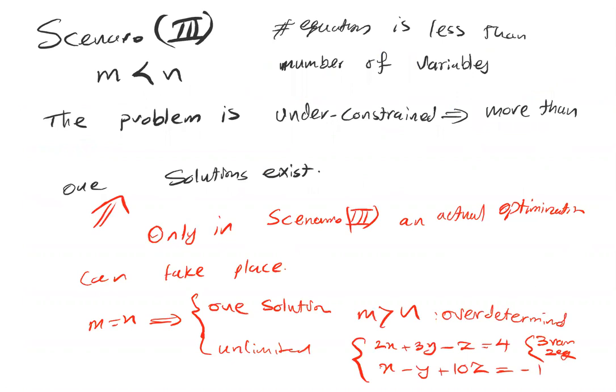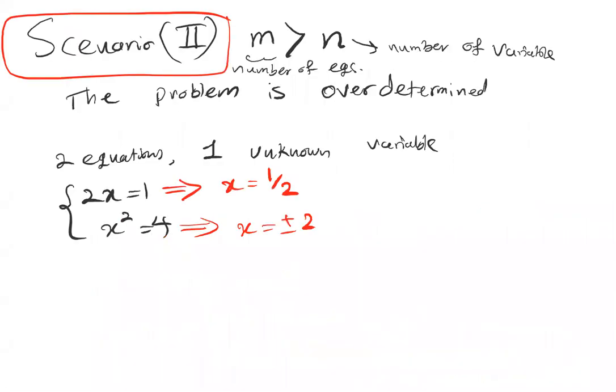So only in scenario number 3, you can say that there is a feasible solution for your problem, because you need to have more variables than the number of equality constraints. If for any reason the number of equality constraints is more than the number of variables, we are in scenario number 2, where your problem is overdetermined.